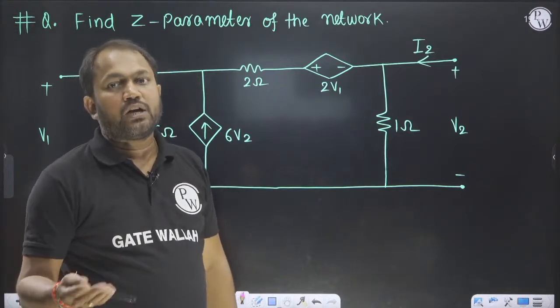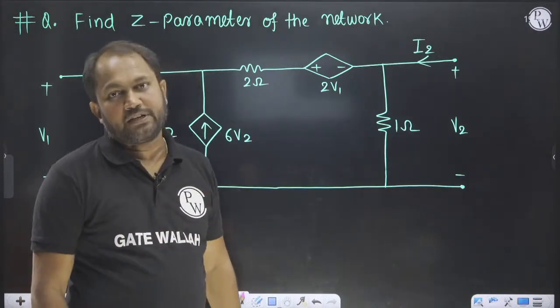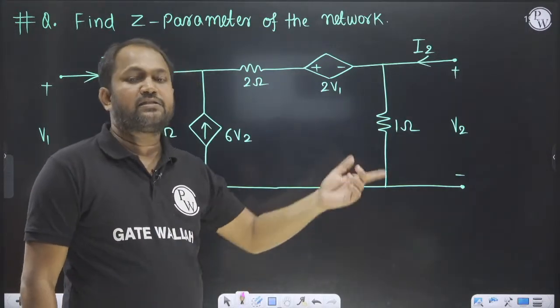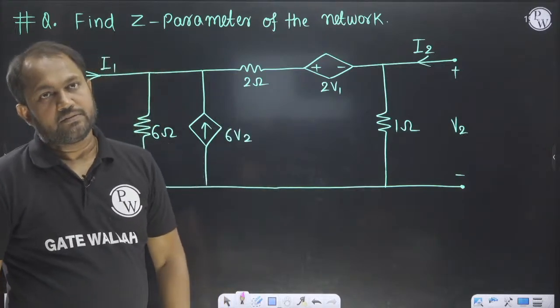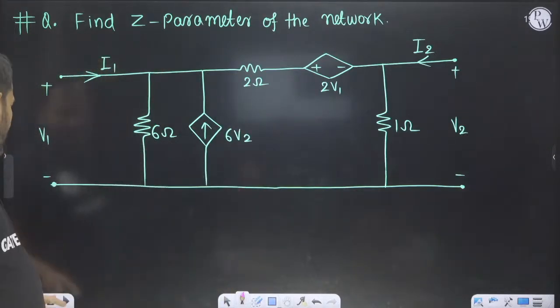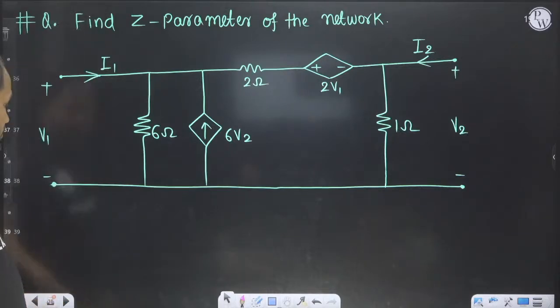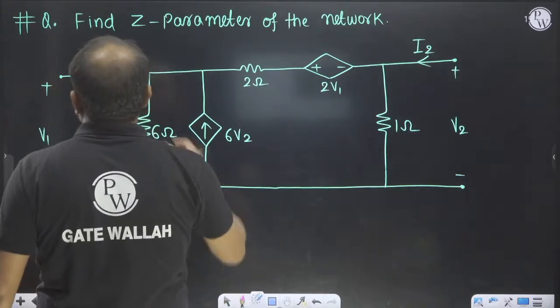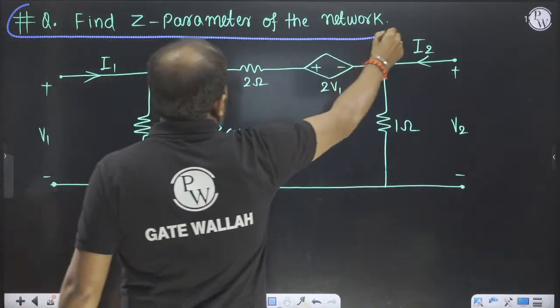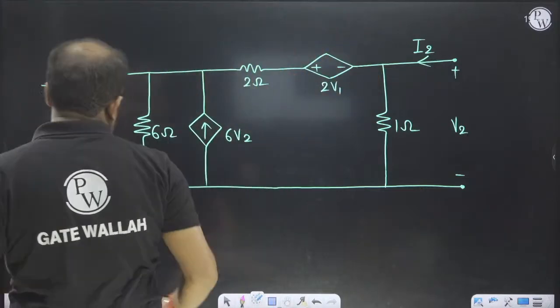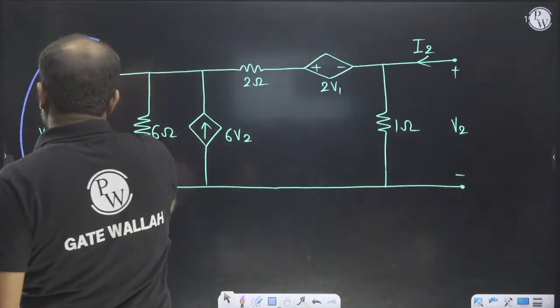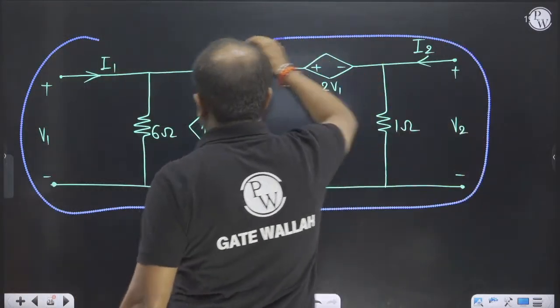I will go through the direct Y parameter calculation and then the inverse to get the Z parameter. Why have we chosen the Y parameter calculation? Because in the Y parameter, voltages V1 and V2 are 0.